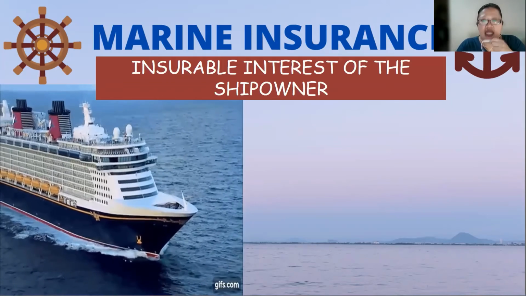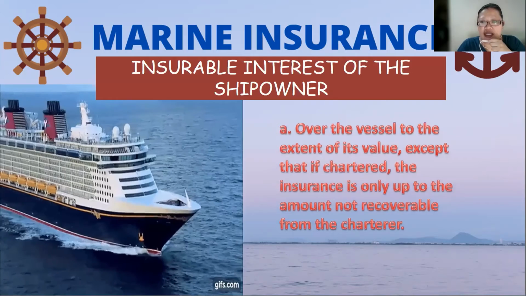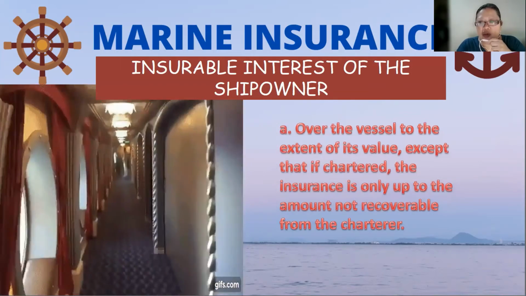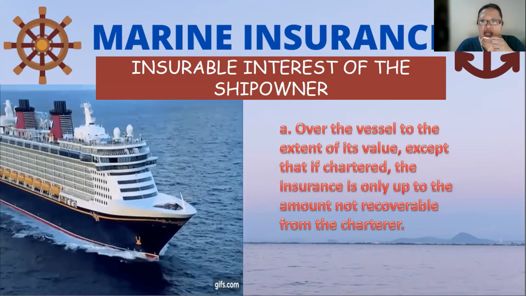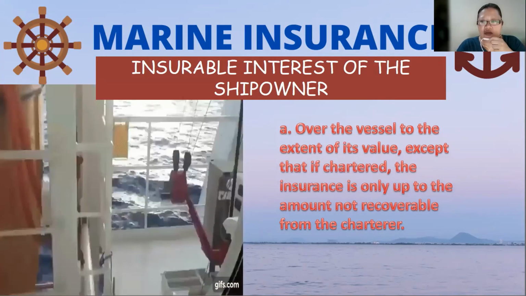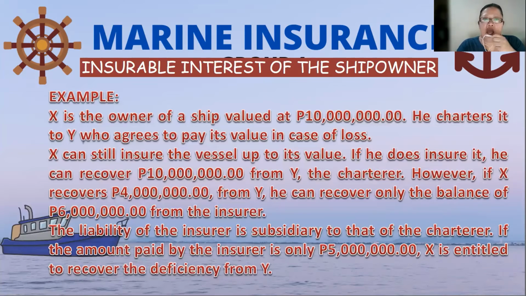There are three insurable interests of the ship owner. First is over the vessel to the extent of its value, except that if the insurance is only up to the amount not recoverable from the charterer. An example of this is: X is the owner of a ship valued at 10 million pesos.